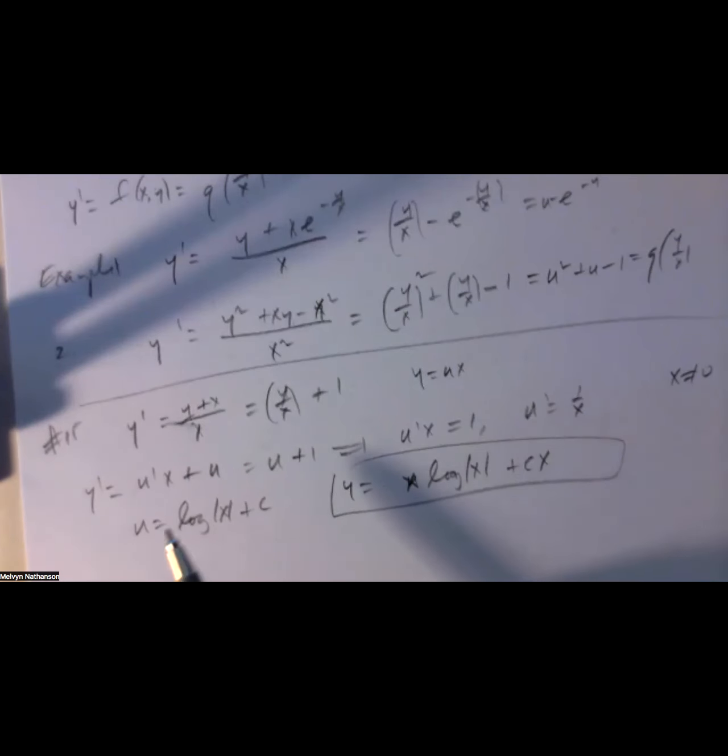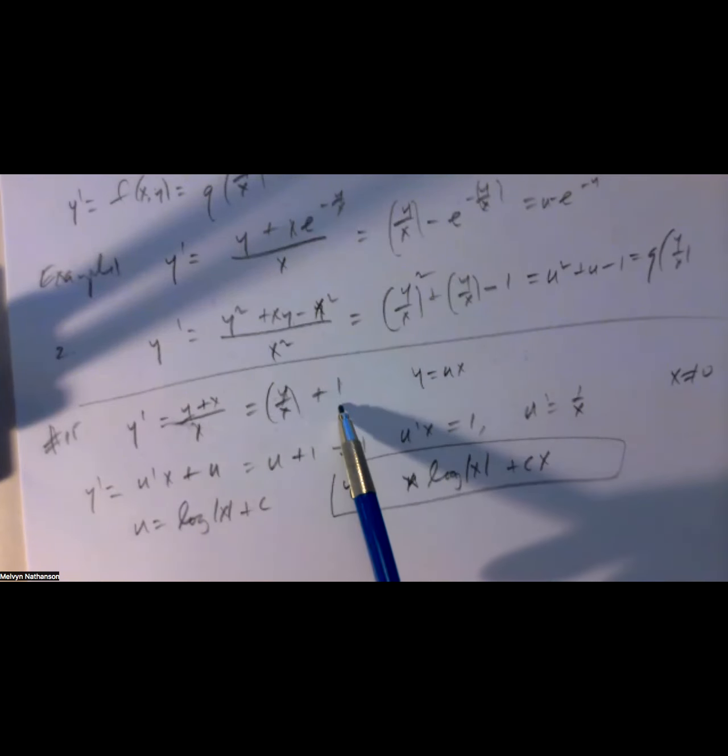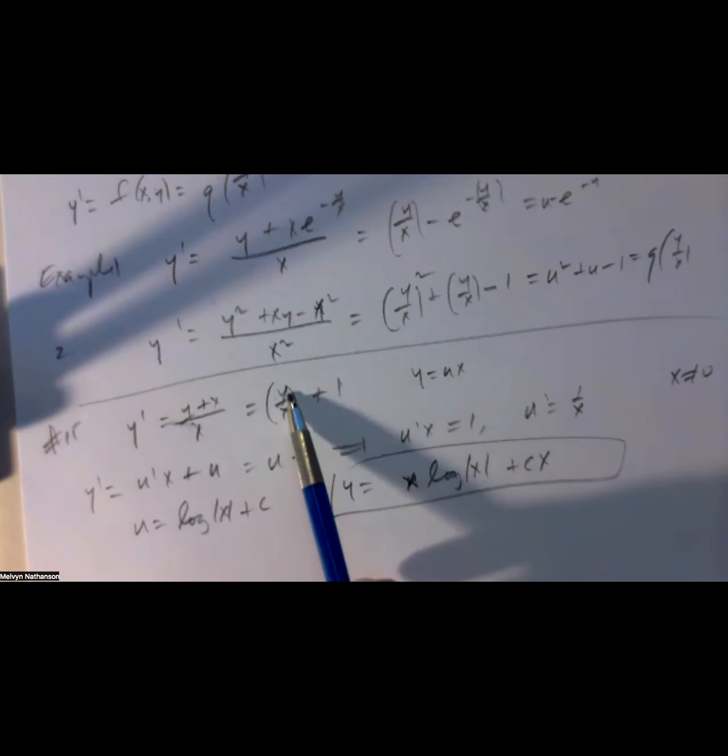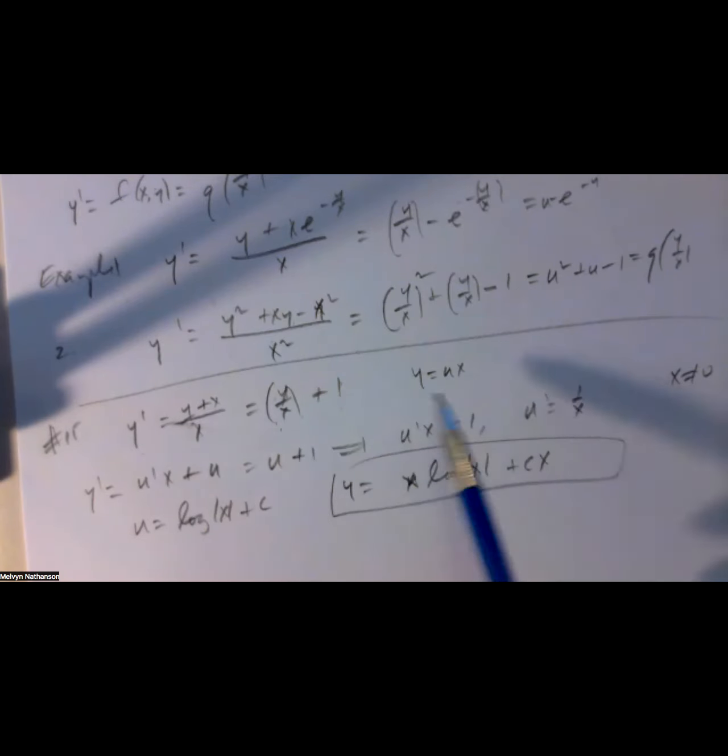Right? So we had y prime is y plus x over x, which we can write as y over x plus x over x, which is 1. So this is homogeneous. The right-hand side is just a function of the ratio y over x, and we call that u, so we're letting y equal u times x.